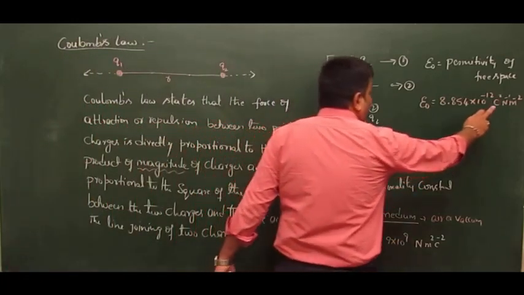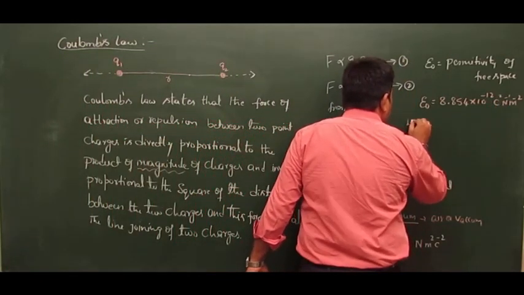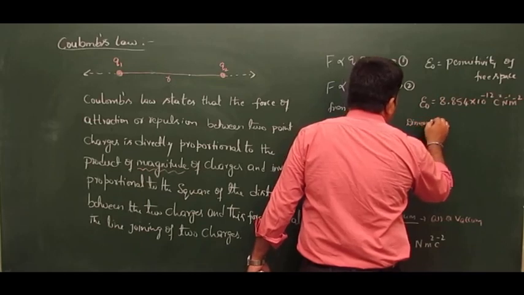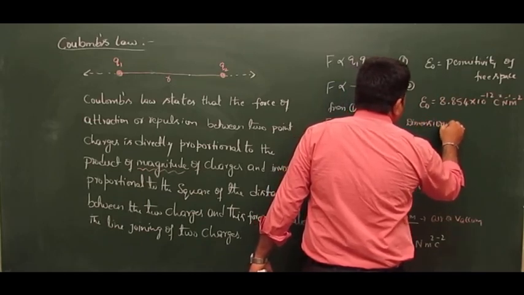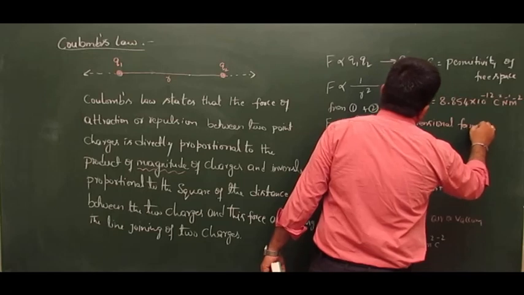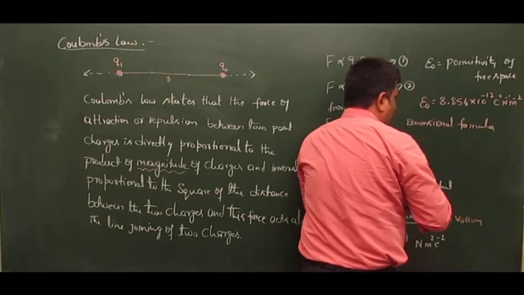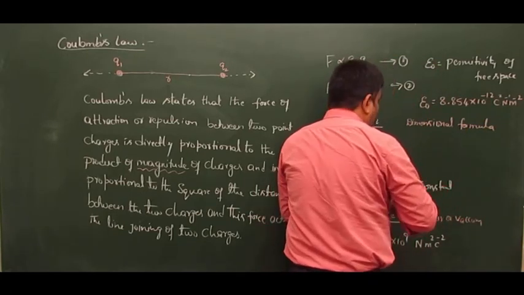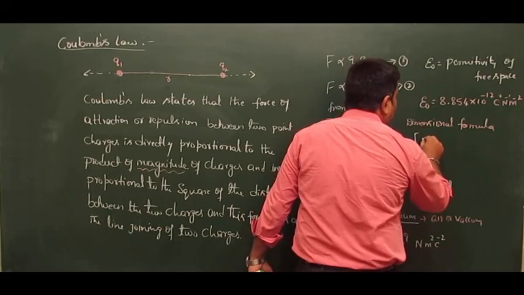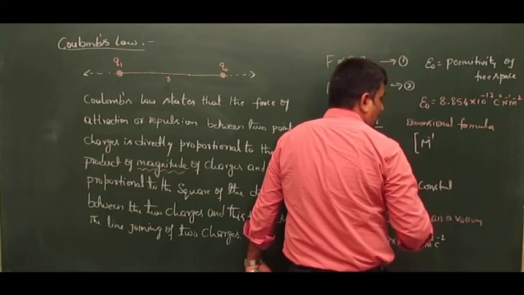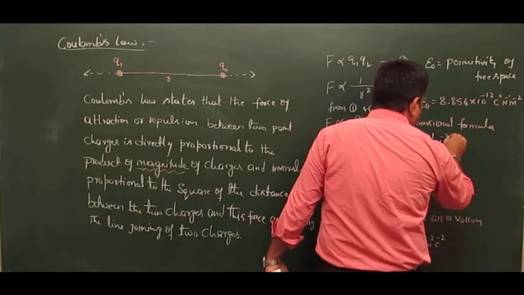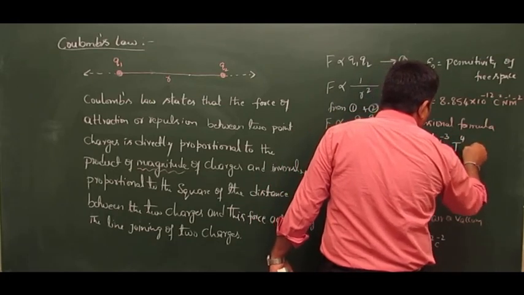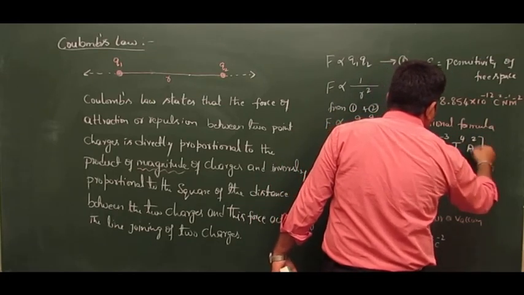And the dimensional formula for this can be written as, in the square bracket, M raised to minus 1, L raised to minus 3, T raised to 4 and A raised to 2.